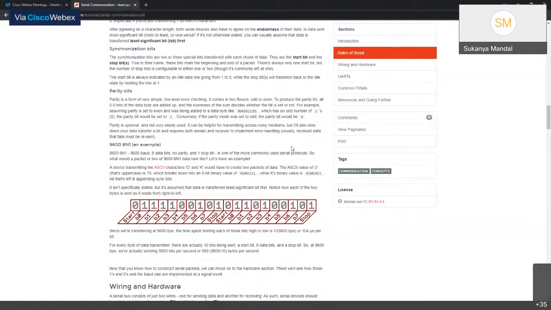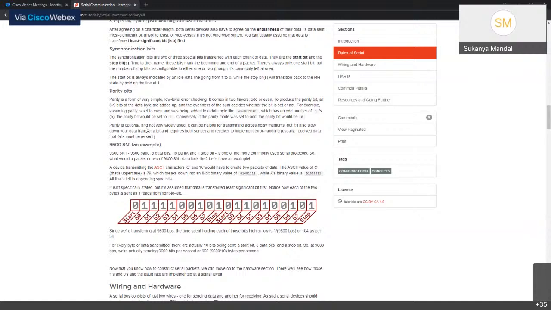For example, assuming the parity bit is set to even and was being added to a data byte which has an odd number of ones, the parity bit would be set to 1. Conversely, if the parity mode was set to odd, then the parity bit would be set to 0.